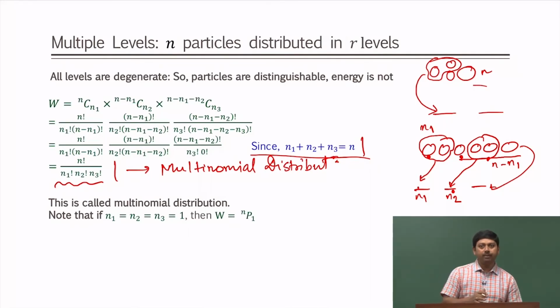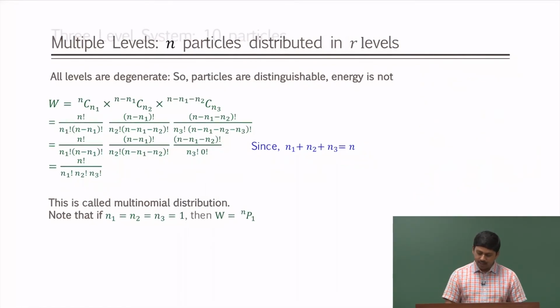Therefore, there is no preference for putting in one level versus another, because ultimately the total energy will be n multiplied by the energy of that particular level. If it is 0, then it will be 0, if it is epsilon, it will be n epsilon. So n epsilon will be the value of the total energy anyway. Because all levels are degenerate, wherever you put the particle, it will get the same energy. In future we will talk about where that is not the case.